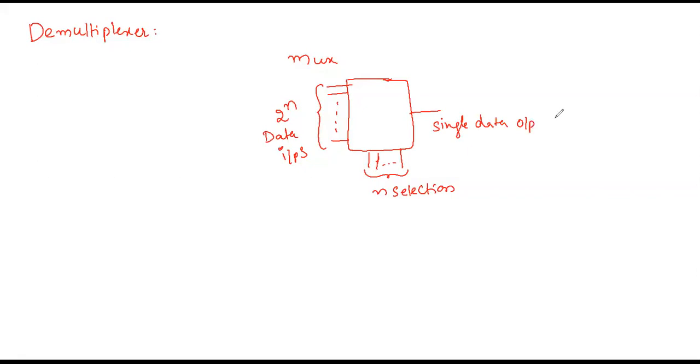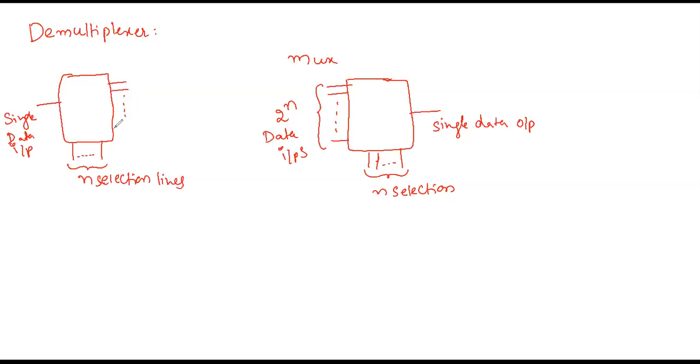Coming to the demultiplexer, inputs and outputs are reversed here. So here we will have a single data input and n selection lines, and 2 to the power of n data outputs.